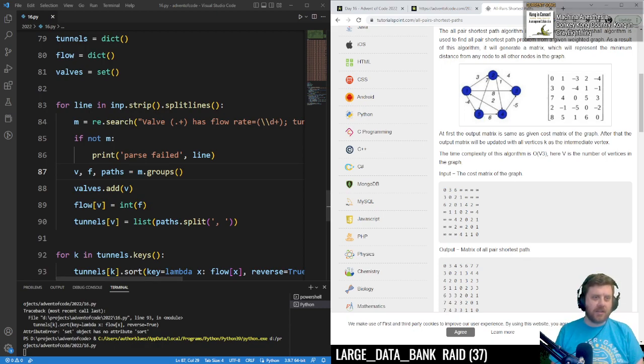I'm messing around on 16 still. I'm playing around with optimizing this solution very, very stupidly.